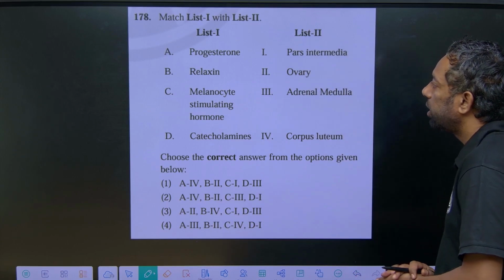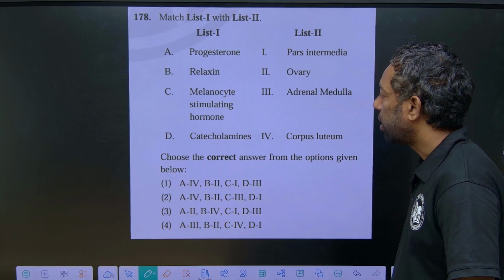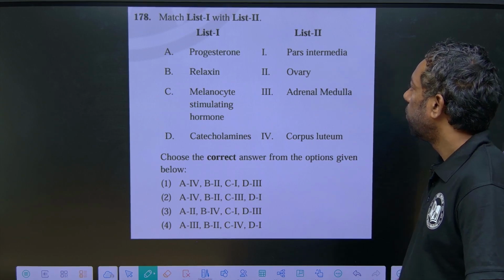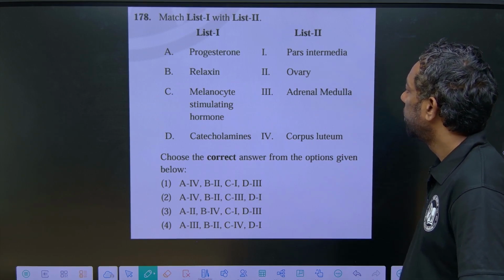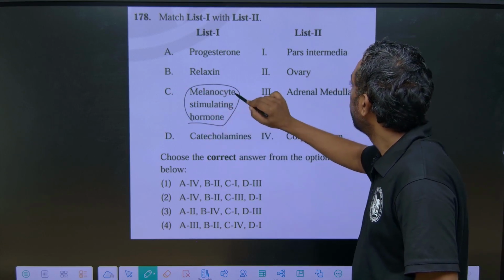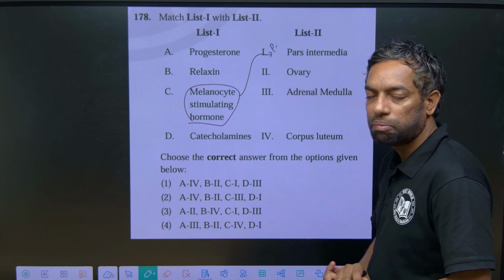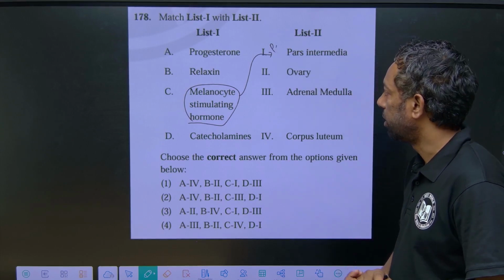Progesterone, relaxin, melanocyte stimulating hormone, catecholamines. What are the hormones here? Melanocyte stimulating hormone, as we know, is from the pars intermedia of the pituitary.